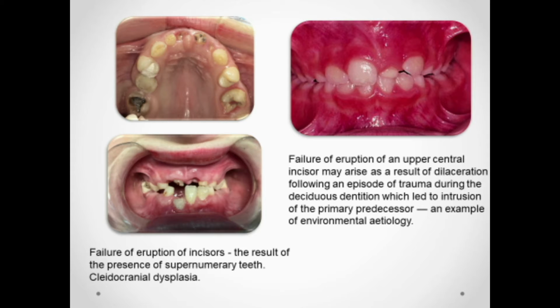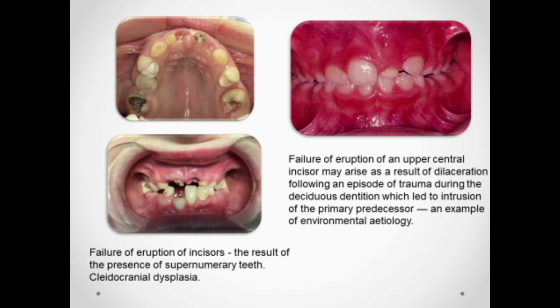While it is relatively straightforward to trace the inheritance of syndromes such as cleft lip and palate, it is more difficult to determine the etiology of features which are in essence part of normal variation, and the picture is further complicated by the compensatory mechanisms that exist.